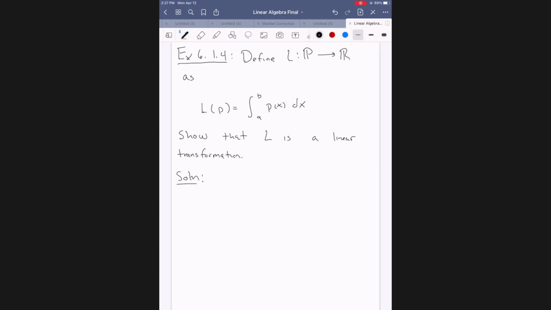Literally just do: let p and q be polynomials, and alpha and beta be real numbers, right? Then L of alpha times p plus beta times q is going to equal the integral from a to b, right? This is how we defined it, of alpha p of x plus beta q of x dx. So what can I do with the integral here?